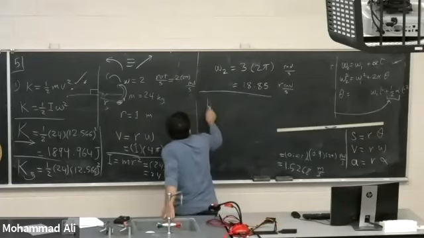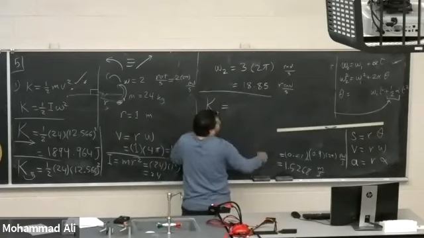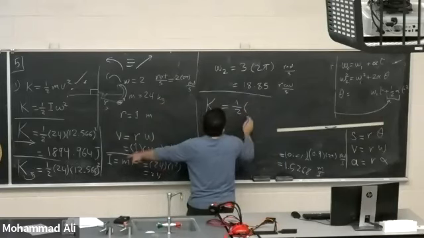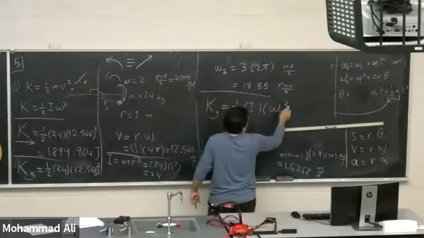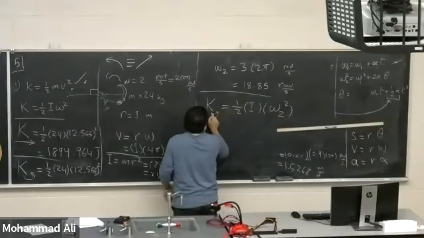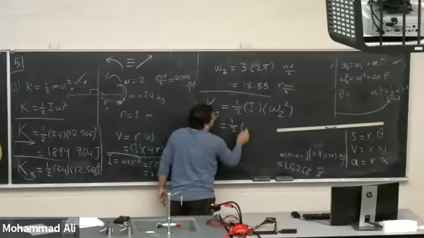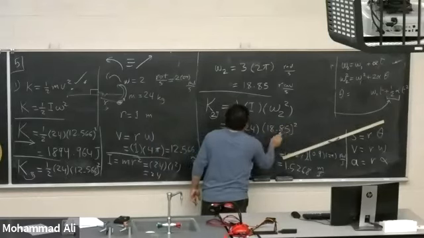We have another kinetic energy. Let us compute the kinetic energy rotational. It is the same: 1/2 multiplied by I multiplied by omega 2 squared. Finally, it will be 1/2 multiplied by 24, which is I, multiplied by 18.85 squared.